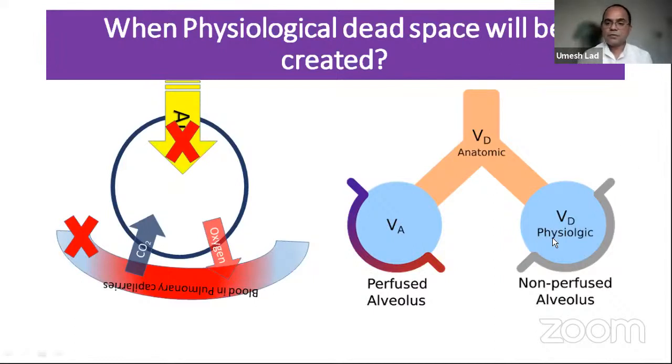But if the perfusion is stopped due to some reason, in that case the alveoli will be ventilated, but the exchange won't take place, and that air will remain dead in there, and that's why it is called dead space. It is physiological dead space, functional dead space. It is due to a functional problem in the alveoli or in the perfusion.